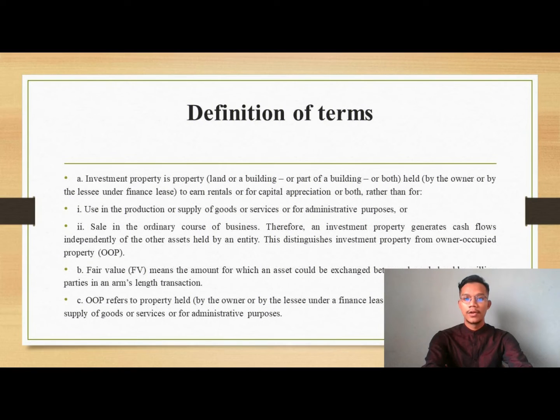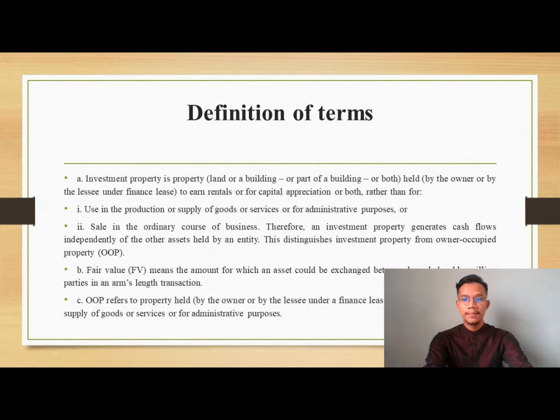My name is Muhammad Azif Farhan bin Samsudin. For the definition of terms, investment property is property, land or building, or part of a building or both, held by the owner or by the lessee under a finance lease, to earn rentals or for capital appreciation or both, rather than for use in the production or supply of goods or services, or for administrative purposes, or sale in the ordinary course of business.